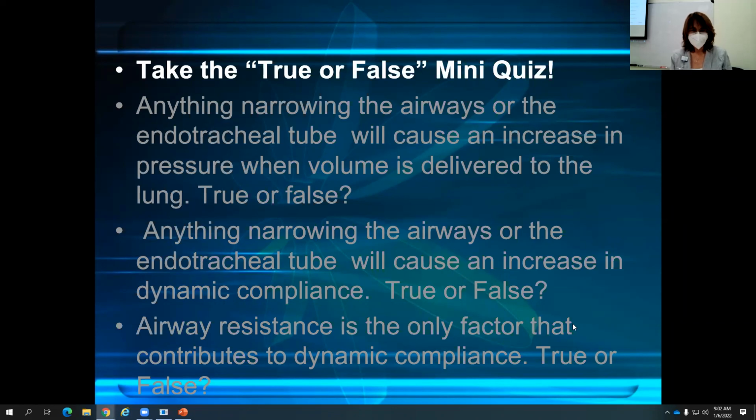Very good. So not only does the dynamic compliance formula take into consideration airway resistance, it also takes into consideration how stiff the alveoli are. So stiffness of the alveoli plus airway resistance. It's those two factors that give you your dynamic compliance.